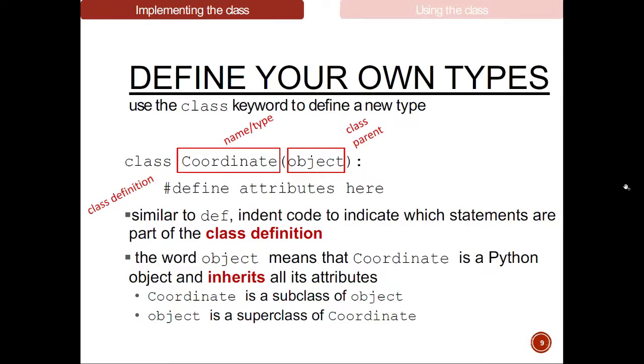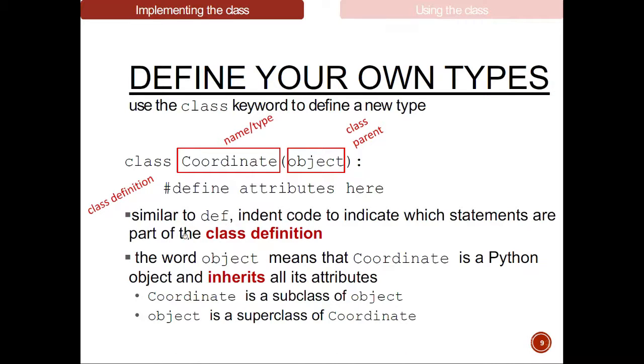To define your class, we use the keyword class. Then we put the name of the class or the type that we want to create, and then we put the keyword object to indicate that this is an object that will be defined.